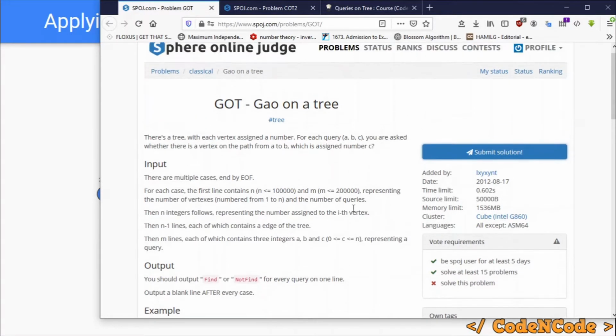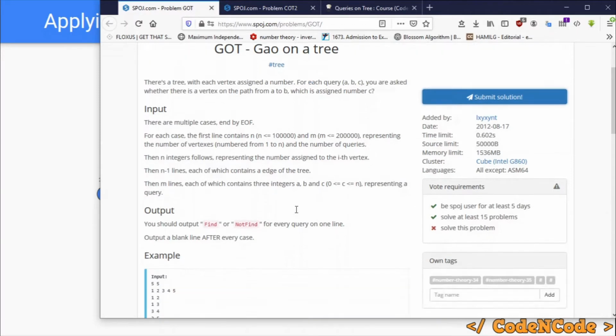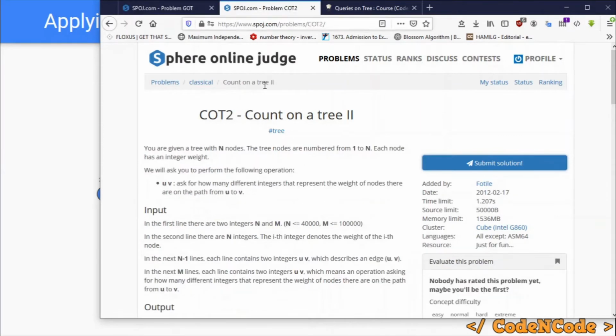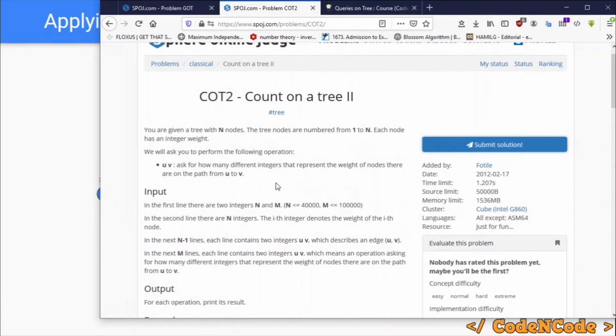You are asked whether there exists a vertex on the path from A to B such that the number assigned on that vertex is equal to C. So this is the query that we have to answer. I think all we have to print is found and not found, and this is I guess easier than this one. So this problem is count on tree.